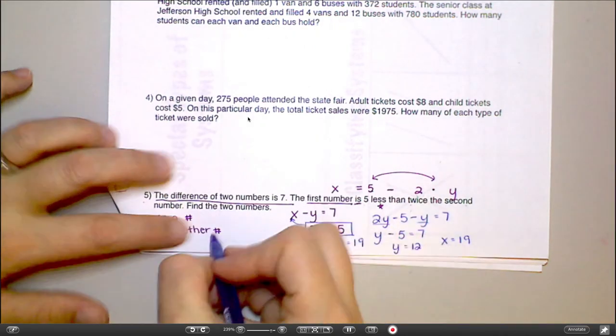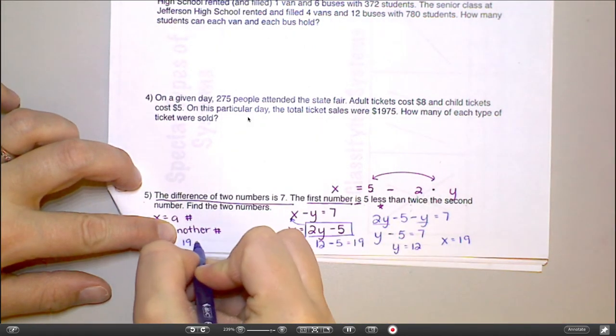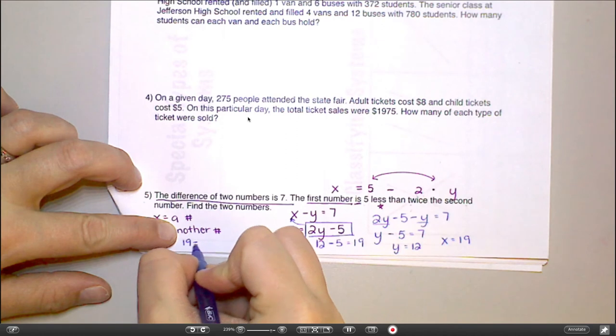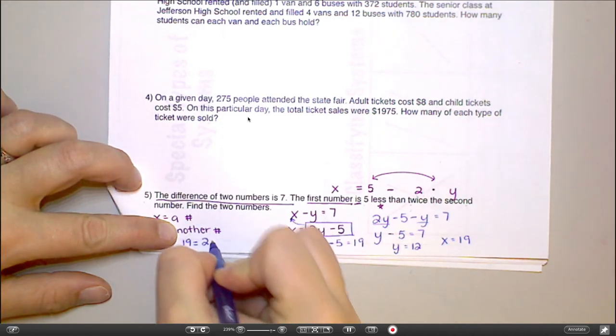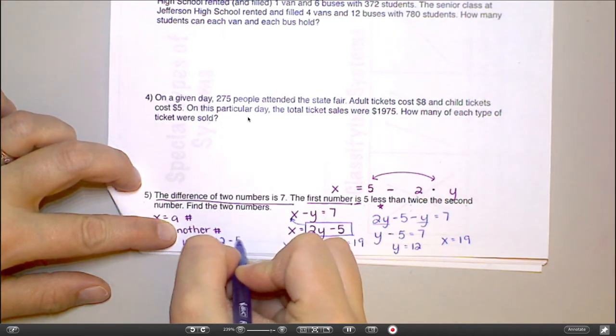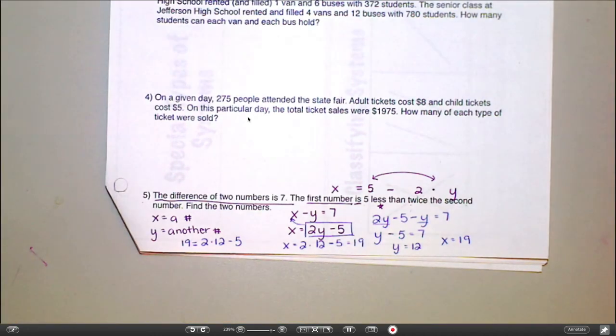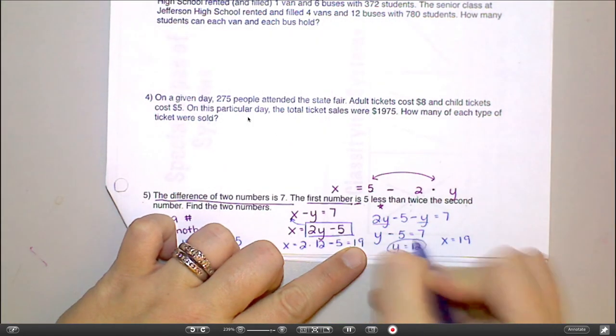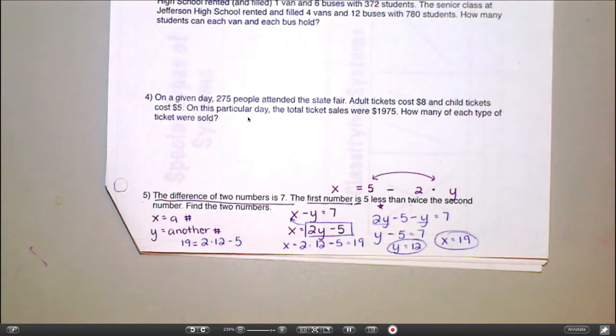So if I put 19 in for X, I'm just kind of checking it here. You wouldn't have to necessarily write this out, but does this work out to be true? That 19 is equal to 2 times 12 minus 5? Yep. Okay, so 12 and 19 are our true numbers. Kind of a tough one to get set up, but that's how you would do that one.